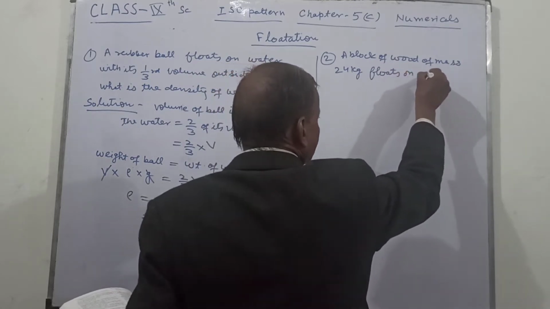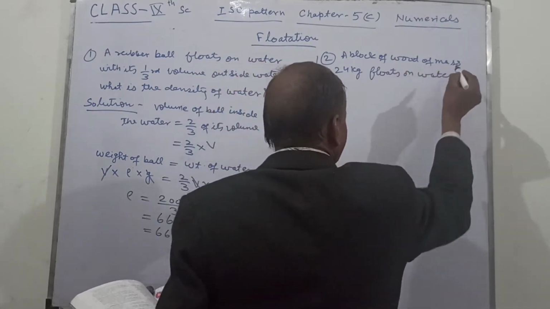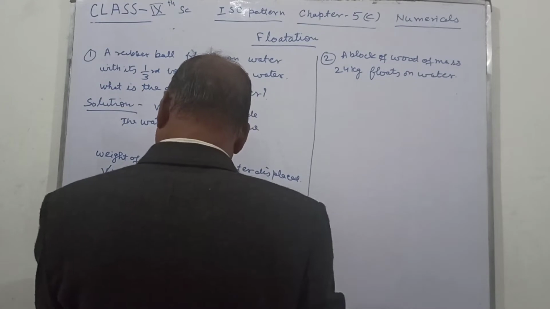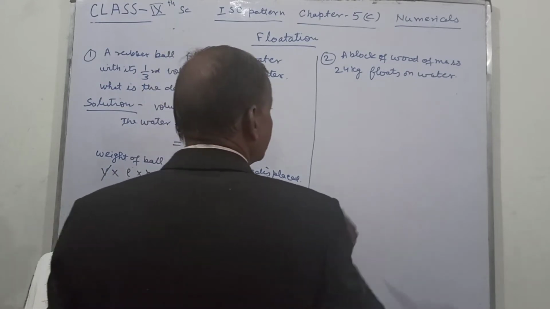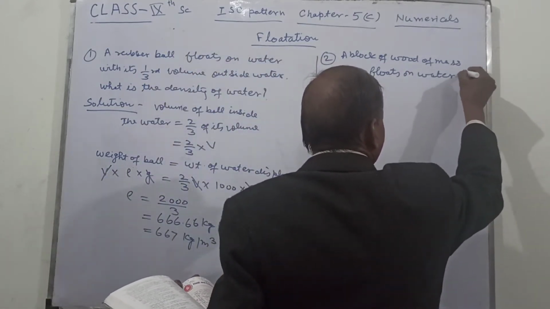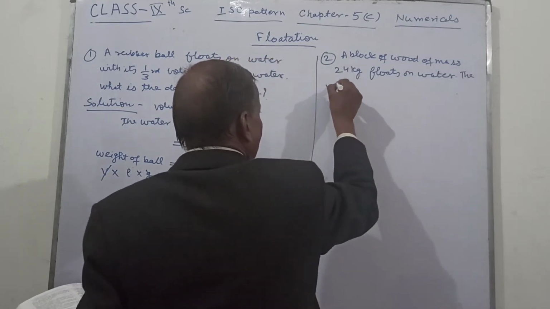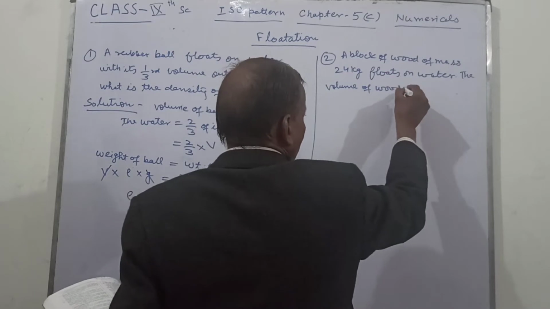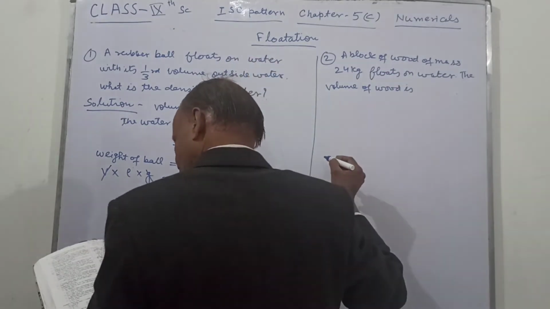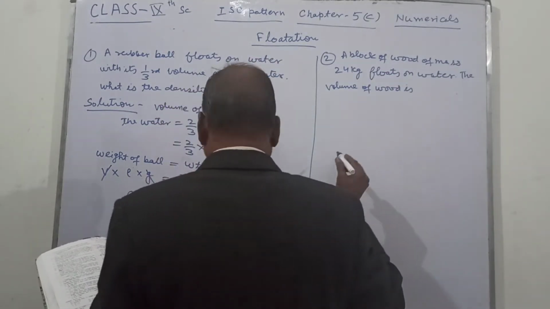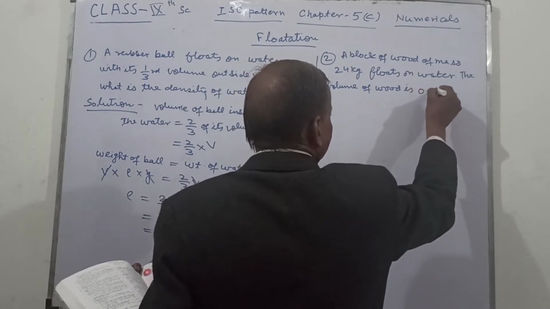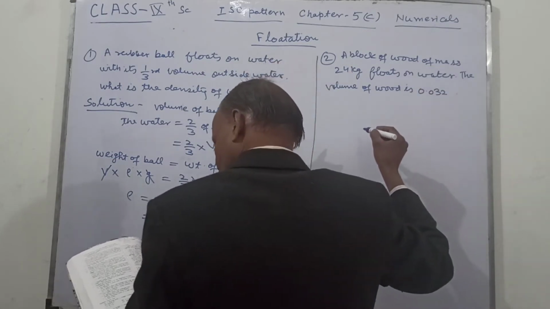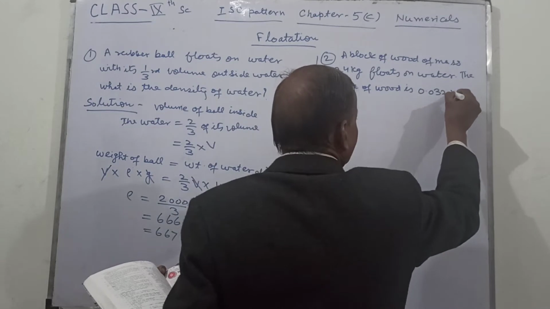The volume of the wood is given to be 0.032 meter cube.